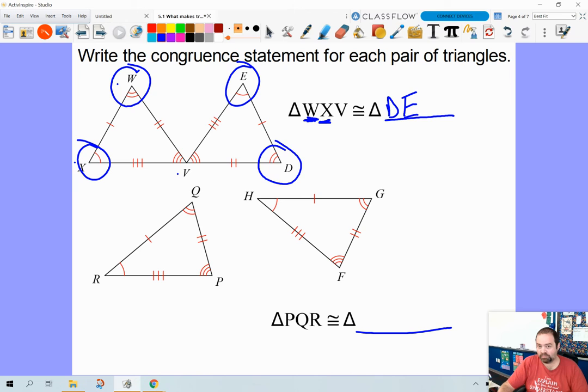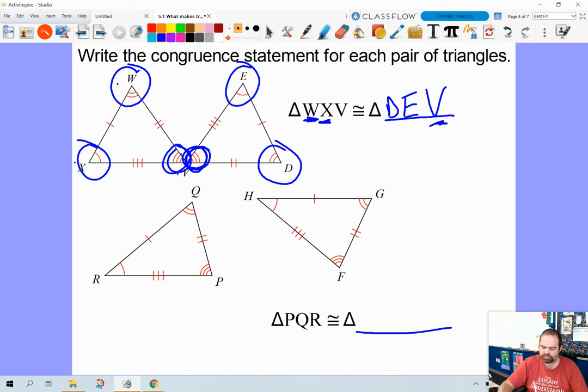And then process of elimination should kick in, and I know the second one's got to be DEV. And if you look, that V that I used here has 3 marks in it. That matches up with the 3 marks in the first triangle on the left. Now, sometimes when they touch like that, they'll share a name of an angle. Sometimes they don't. You really have to pay attention to the markings on it.